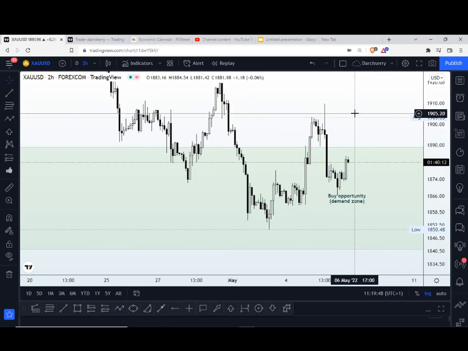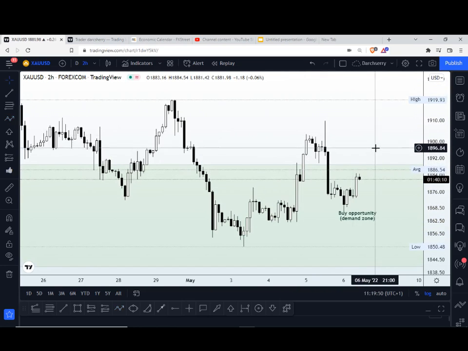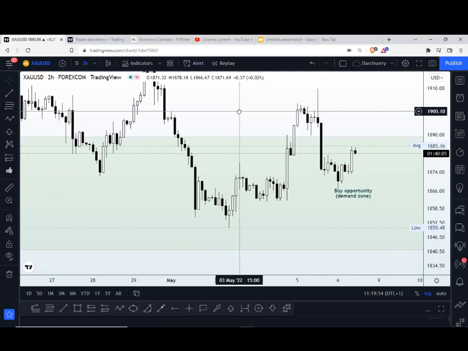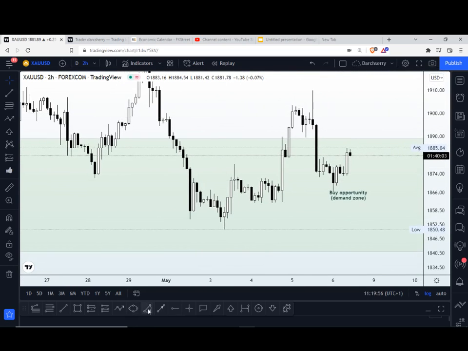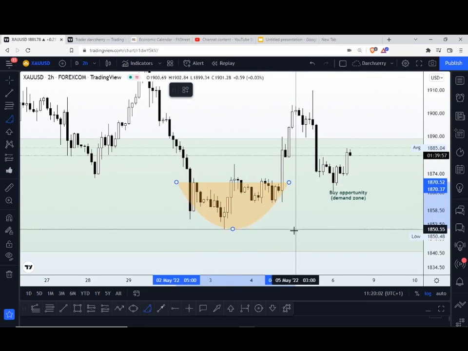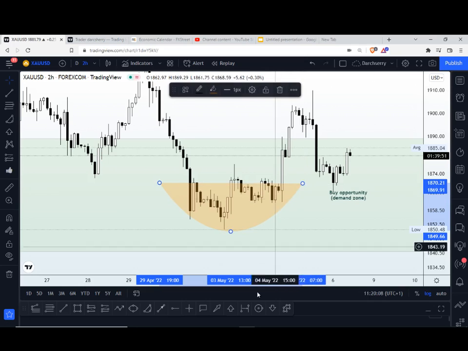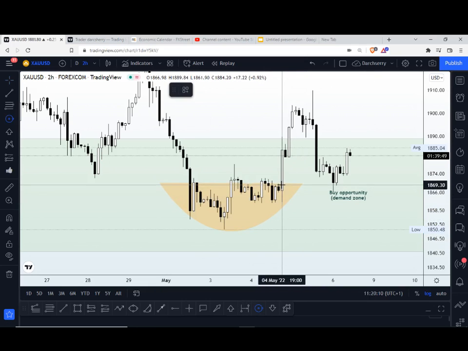Now, to give you a visual representation of what I've been talking about, the first thing I saw on the 2 hours time frame is this reversal pattern that you can see at this point. And if I pull this out, we have something like this. We have this reversal pattern already confirmed with the breakout that happened yesterday.